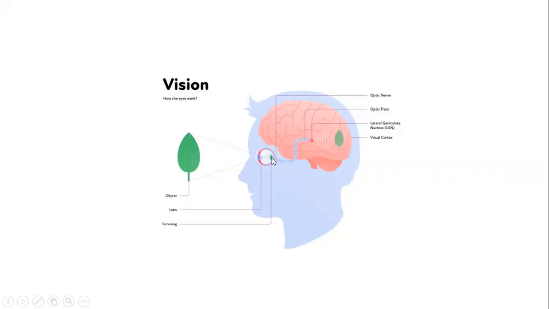The reason is that the light is converted into electrical impulses, passes through the optic nerve, gets to the optic chiasm, where it decussates. Then we have the optic tracts, which carry the information up to the lateral geniculate body, and then we have the optic radiation, and we end up forming the image at the visual cortex.